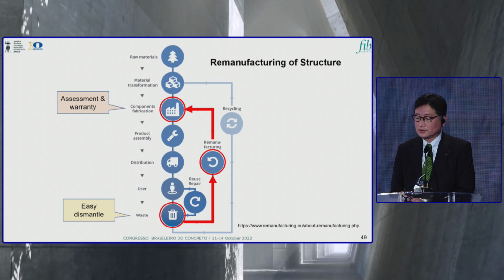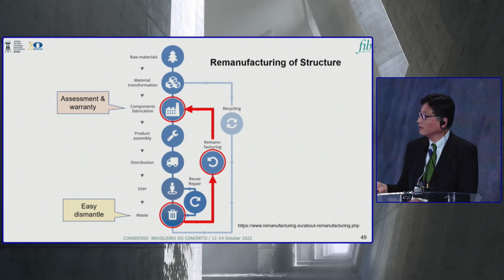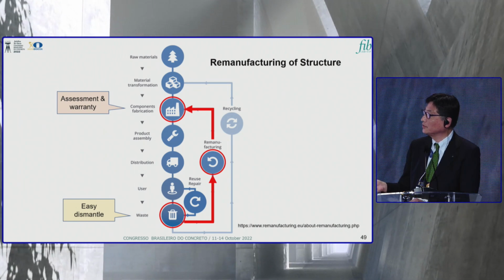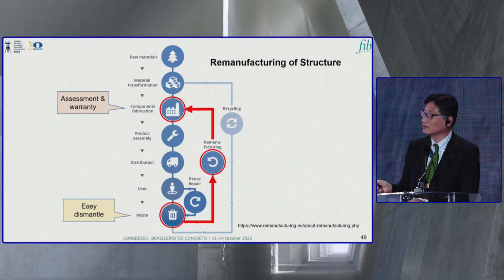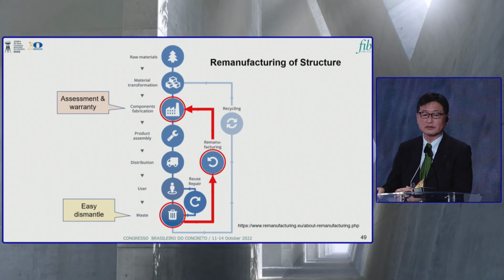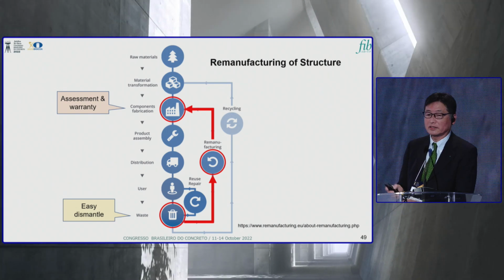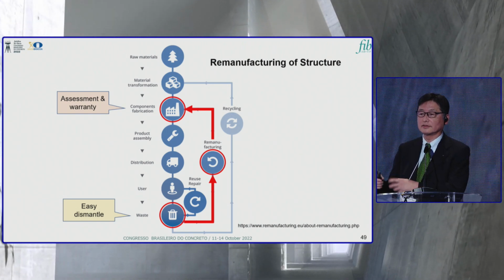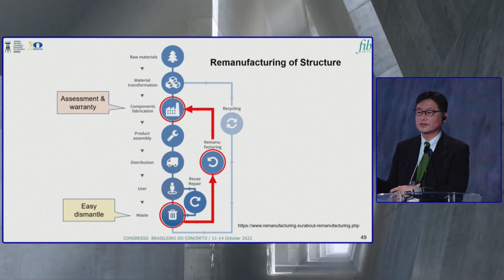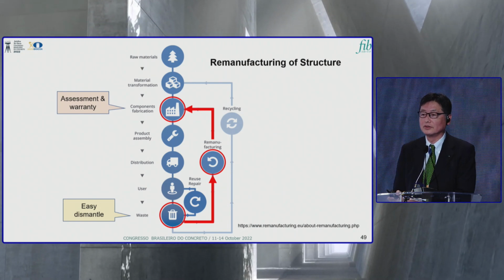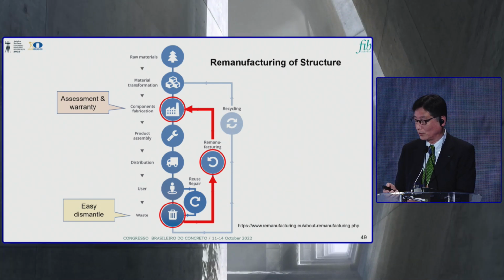Okay, so this is the difference between reuse, recycle, and remanufacturing. Reuse goes to the user, but the members are deteriorated. They're not new members. Recycle goes to the material stage, and everything is completely changed, as Professor Gitu said this morning.